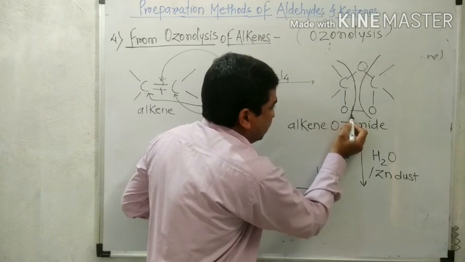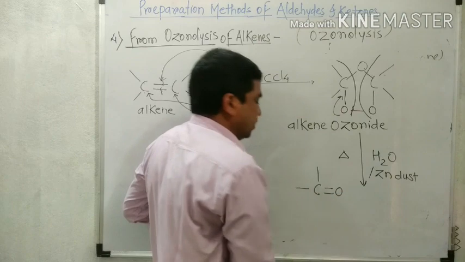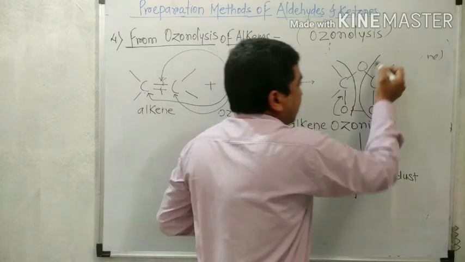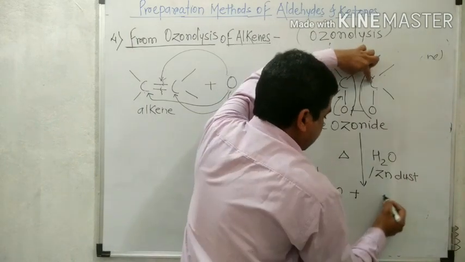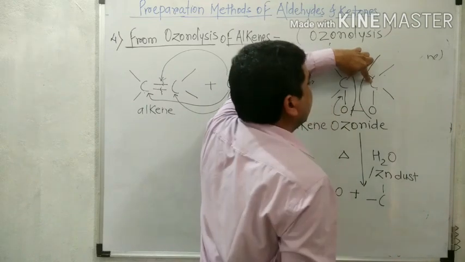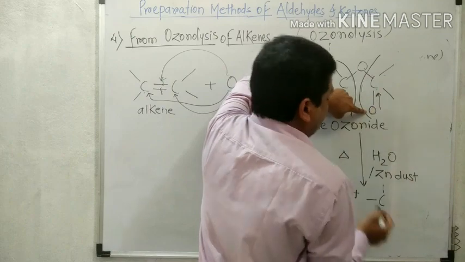That breaks with oxygen. So when oxygen breaks this bond, it forms a double bond with this carbon, like this. One fragment from this, and another fragment similar to this carbon. See, having two bonds like that, the single bonded oxygen forms a double bond with carbon.